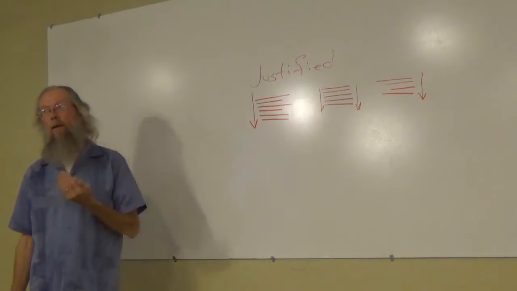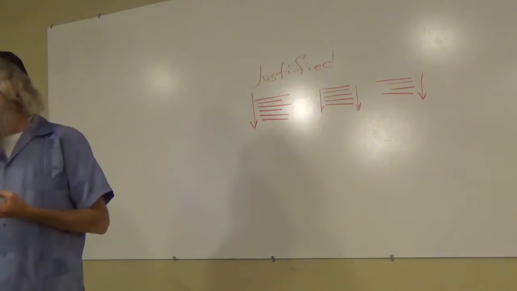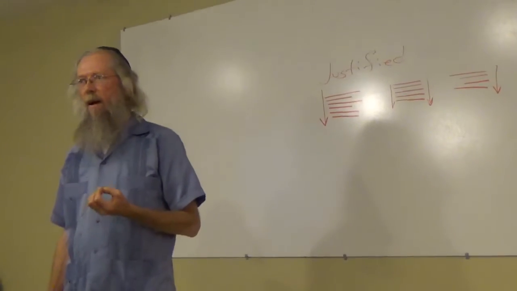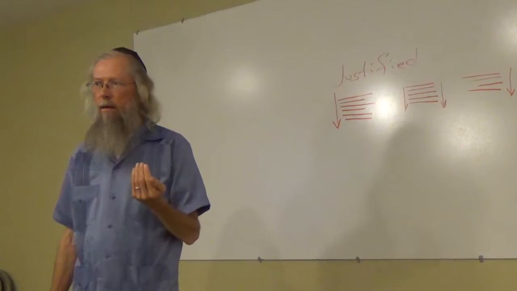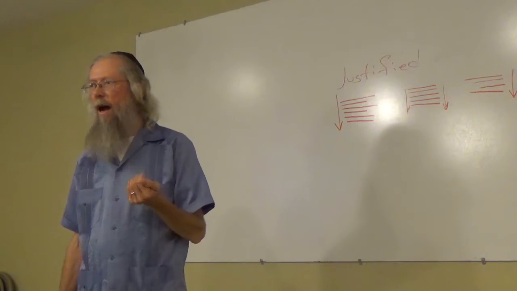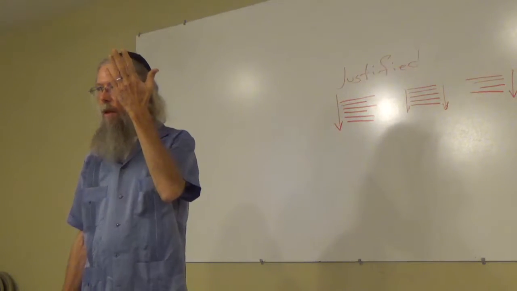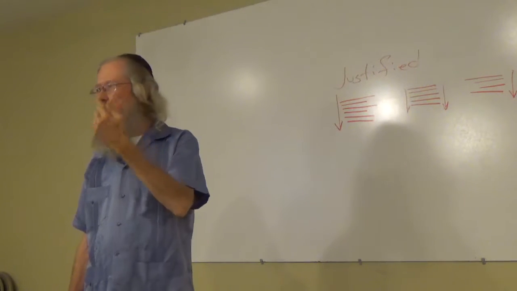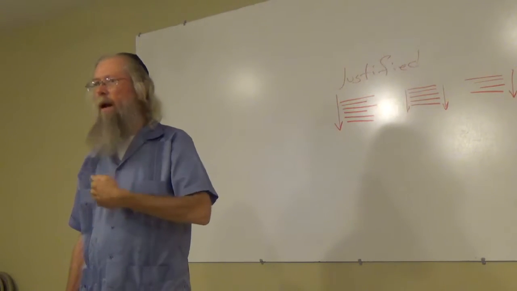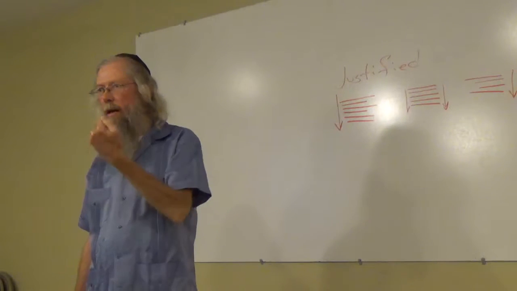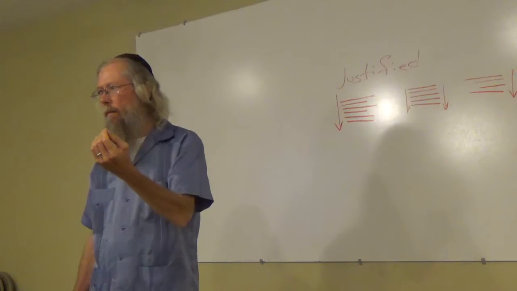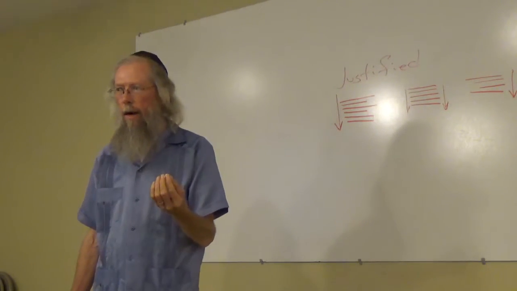So when a person says that I am justified, what are they saying? I'm in line with God. That's what the word means. I line up with Him. It is never that He lines up with me. It is always that I line up with Him. I need to get in line. I need to conform. This is how you get your prayer answered.